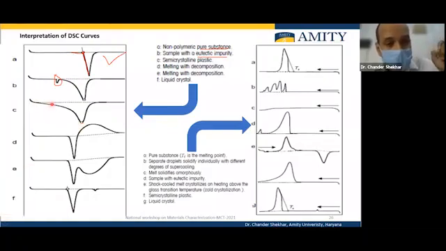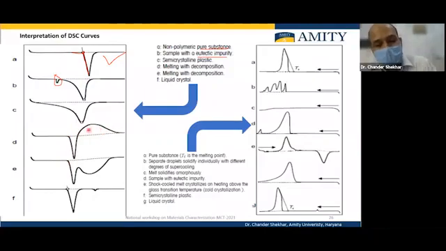And if there is an elongated slope, as in this curve, then it is a plastic which is semi-crystalline. And if there's an exothermic event associated after the endothermic event, that represents melting with decomposition.